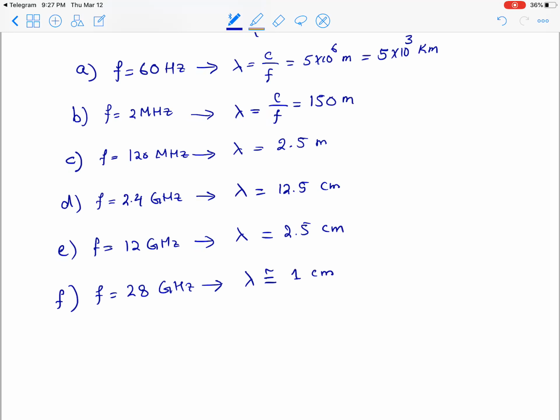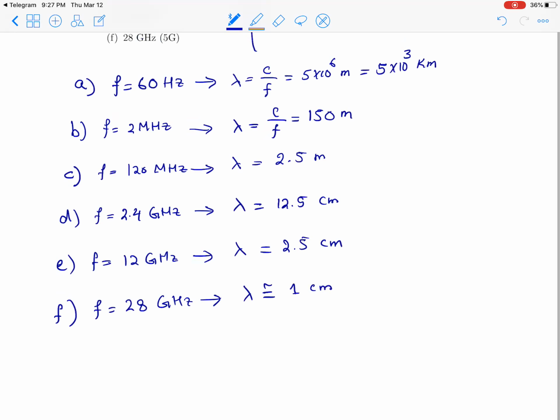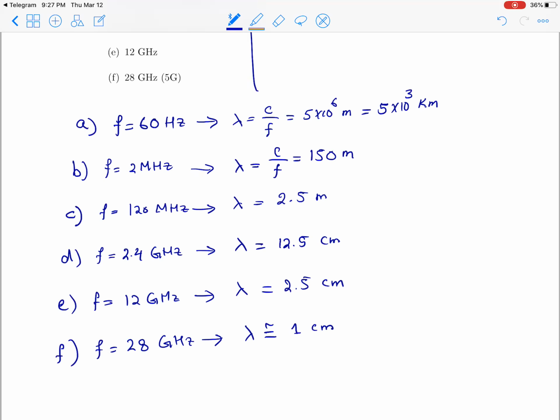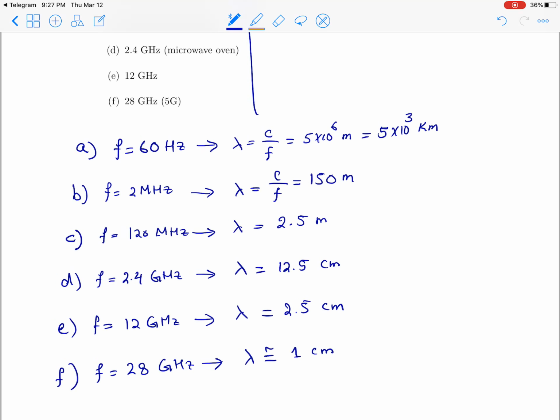So we see here, if we go up in frequency, the wavelength shrinks, and in electromagnetics, the dimension that we mostly care about is the wavelength. So things that are short in absolute distance might be very long in electrical length or electrical distance, depending on the frequency of operation.